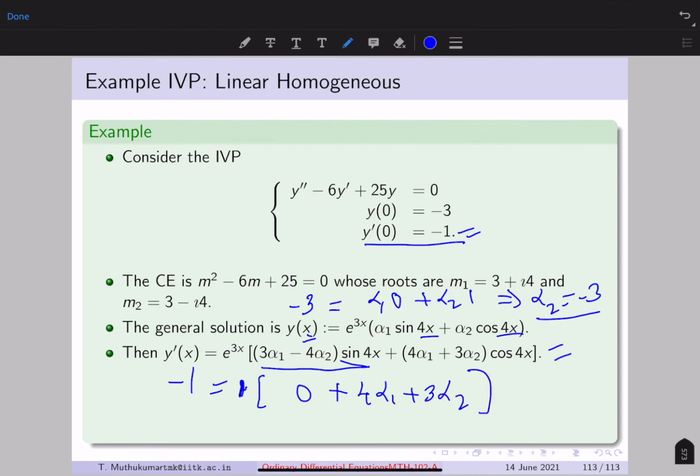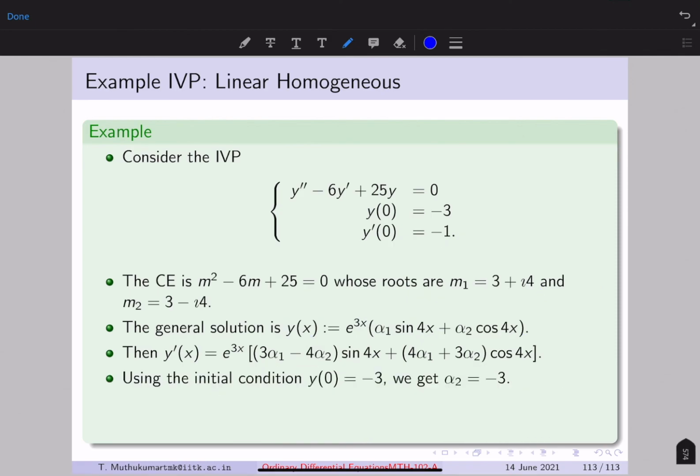But alpha 2 is already minus 3, so this is minus 9. And this is 4 alpha 1, and that's equal to minus 1. From here you get alpha 1. What is alpha 1? It is 9 minus 1, 8, so 2. So alpha 1 is 2, alpha 2 is minus 3.